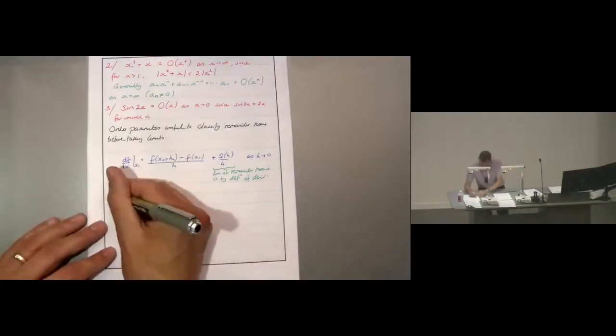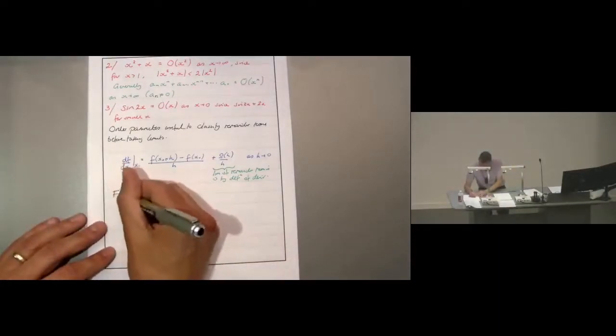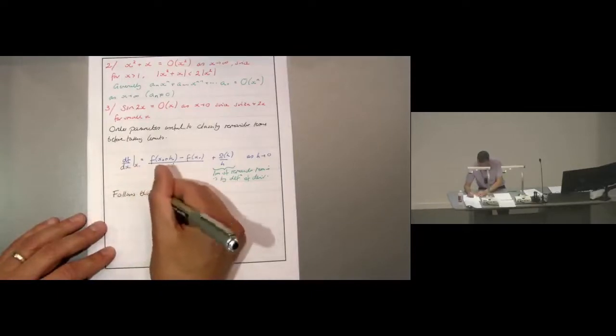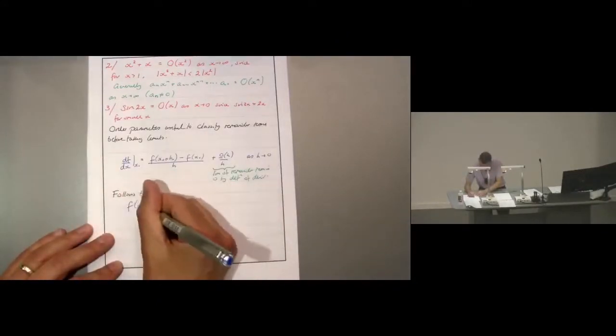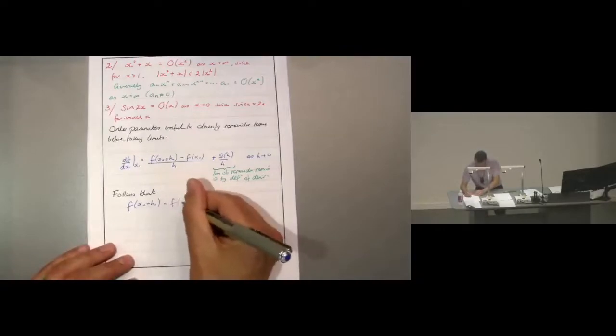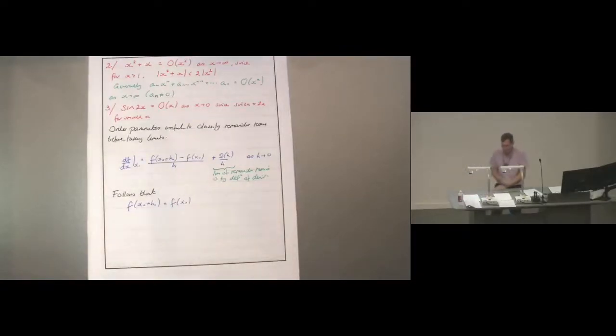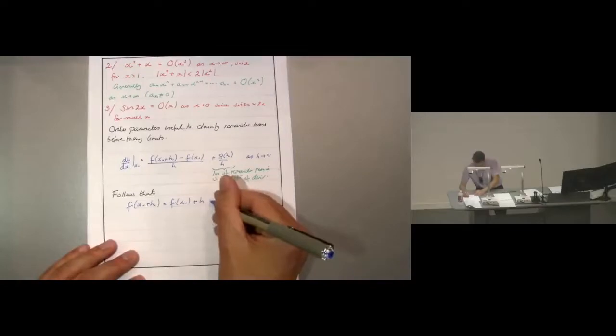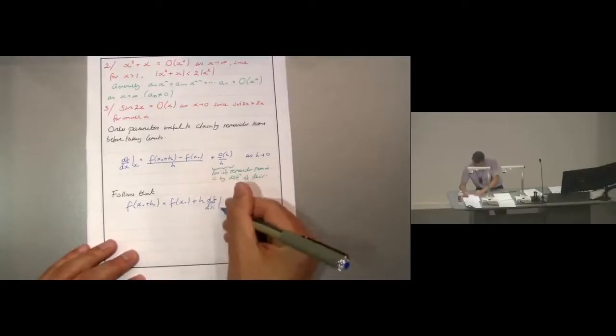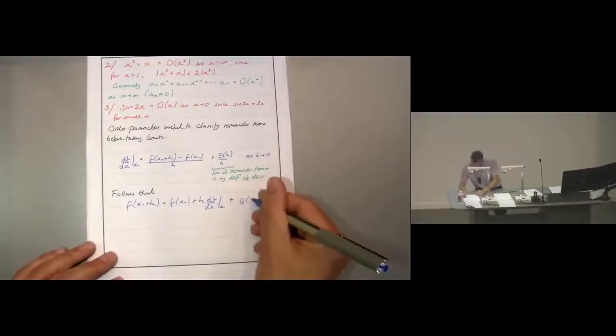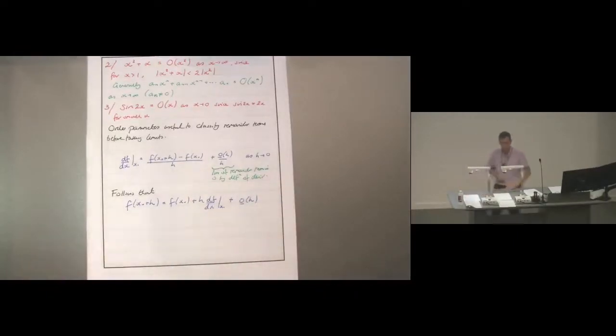And in particular, it follows that the following very useful result, if I just rearrange this now: if I evaluate the function at the point x0 plus h, then that will be the value of the function at x0 plus h times the derivative of the function at x0 plus some remainder term, and that remainder term will be little o of h.